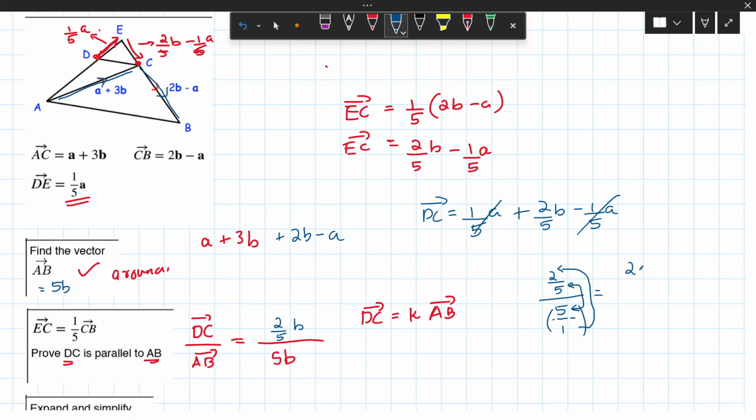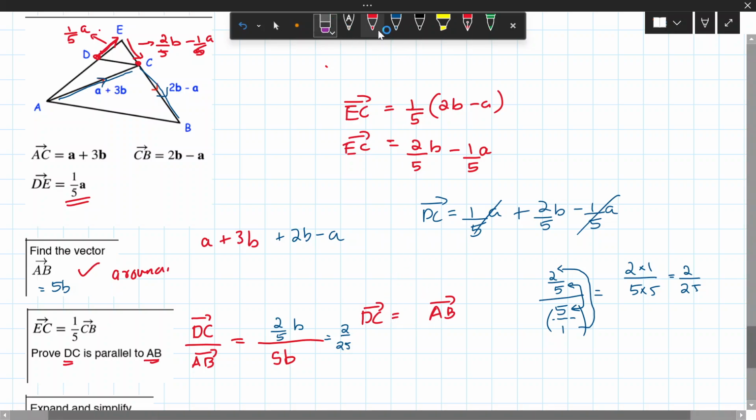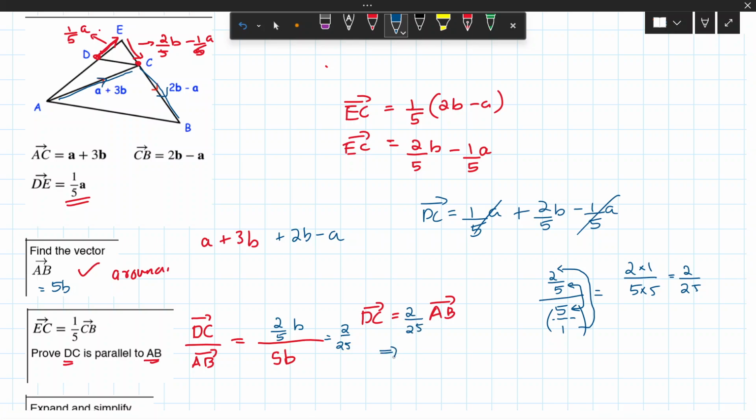So we would have 2 times 1 over 5 times 5. So that's 2 over 25. So I could say the number that I'm looking for, the constant here, is 2 over 25, which means DC is 2 over 25 AB, and I can say hence they are parallel.